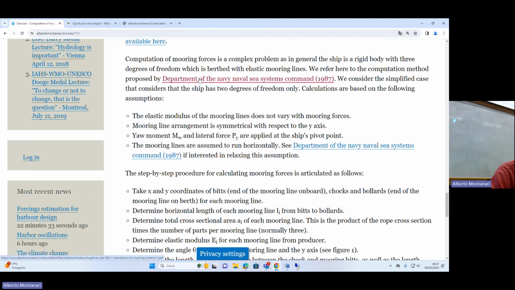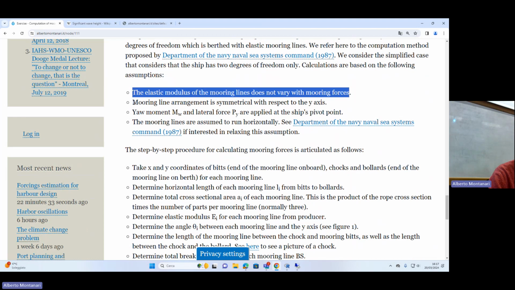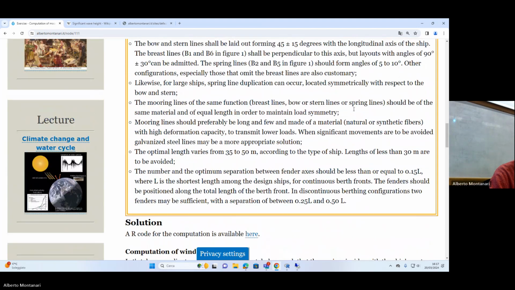And we refer to the computational method that is proposed here. And there is a document explaining it. And we consider an even simplified case where the ship has 2 degrees of freedom only. And then we assume that the elastic modulus of the mooring lines does not vary with mooring forces. Okay, it's constant. Mooring line arrangement is symmetrical with respect to the y-axis, like in the scheme here.